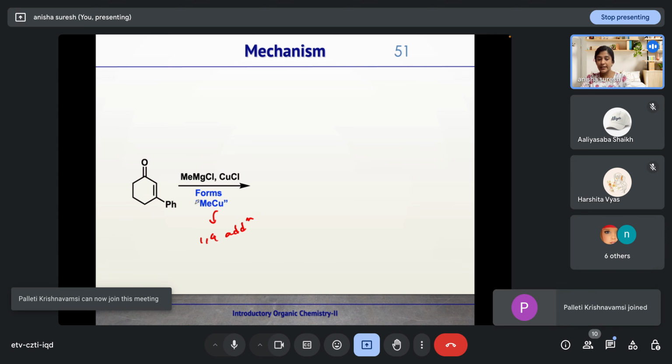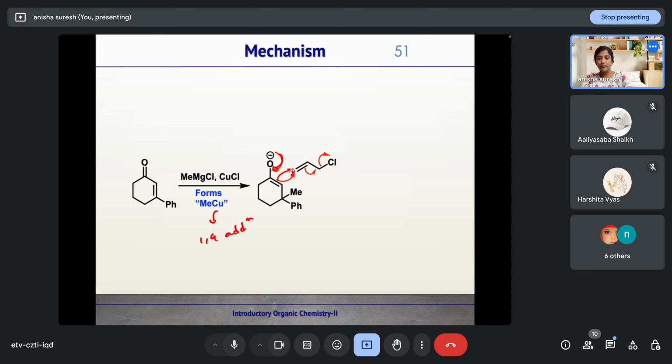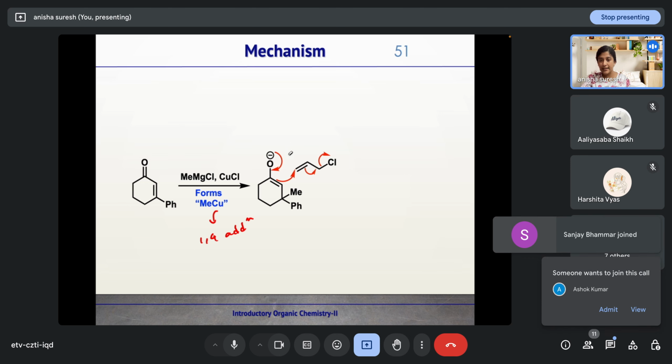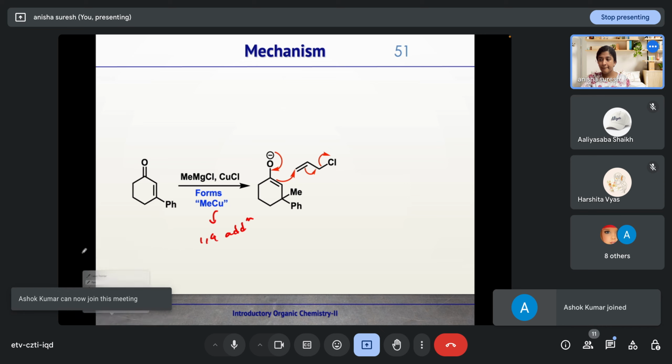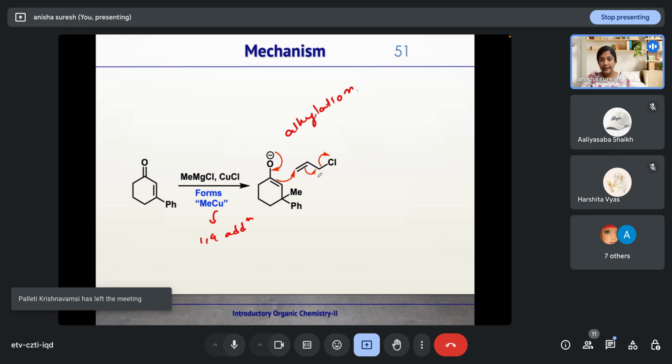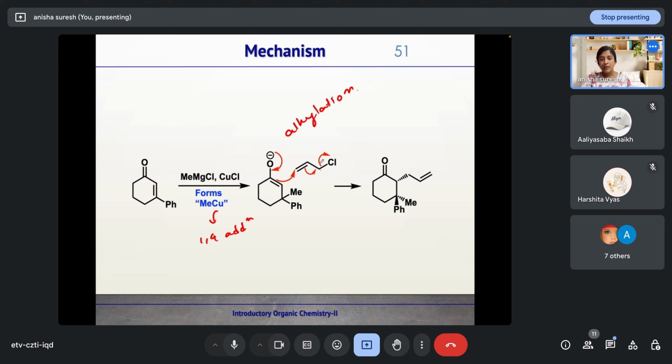The methyl 1,4 addition reaction will be taking place, leading to formation of this enolate, and upon falling back, it can add on to this allyl chloride, or an alkylation reaction can take place with allyl chloride. Either it can attack at this position or it can attack at this position, both will give the same product. So this is the final product that we will be getting.